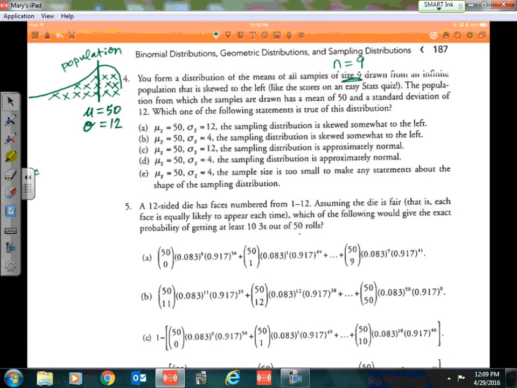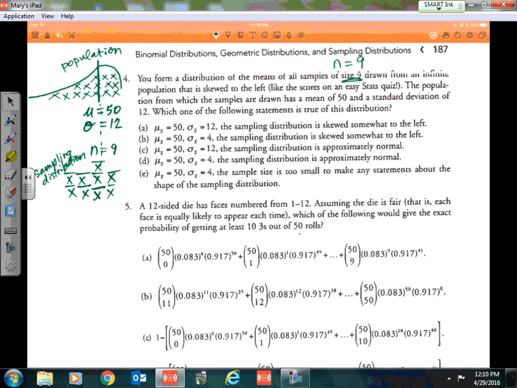So let's think about coming down here and doing a sampling distribution of samples of size 9. So I'm going to drop down and make an average of 9 items, another average of 9 items, another average of 9 items. So I've got a distribution down here of all these samples and the averages of size 9.